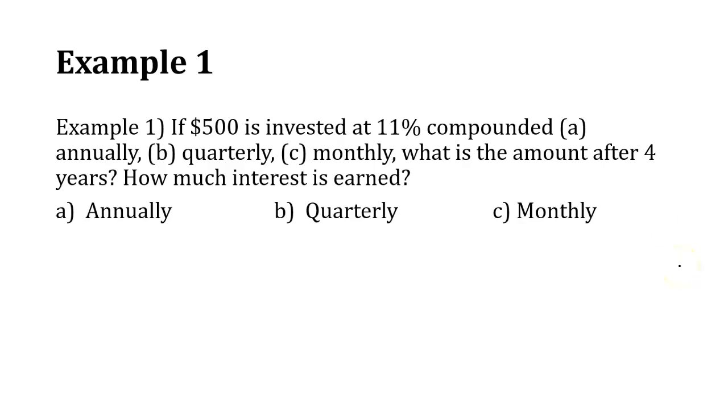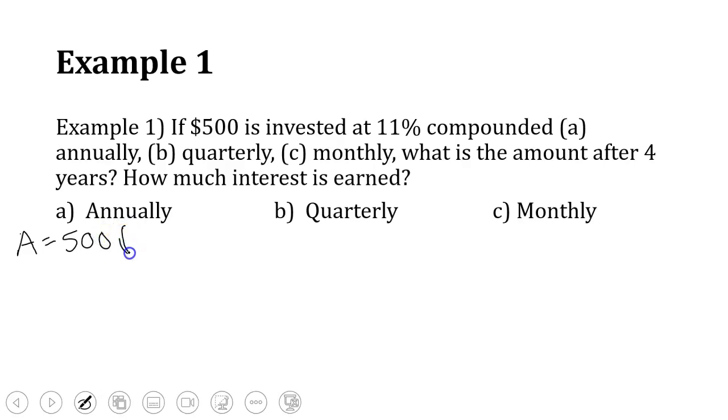So using that formula from the previous slide, we have A equals, and then our principal is the 500, and then do your 1 plus R. As soon as we see that percent, remember we have to change it. So we need to change that 11% into a decimal.